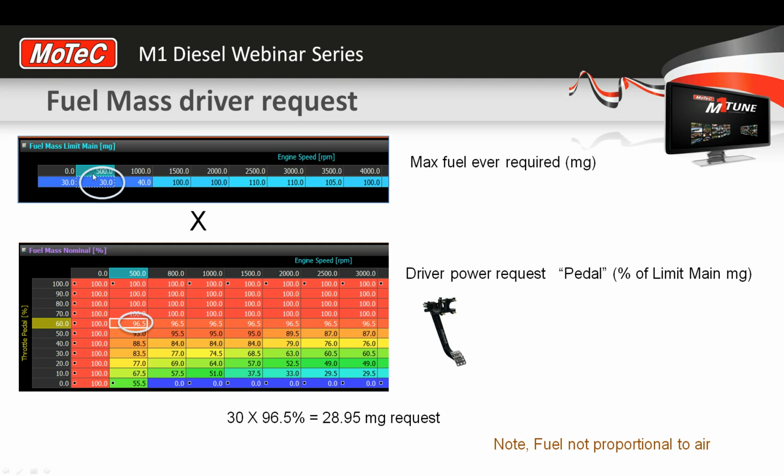We have a number of 30 here and a number of 96.5% here. So that's 96.5% of 30, which would mean our intention would be to deliver 28.95 milligrams of fuel to the engine. It's likely that none of the limit tables would have numbers less than that, so that would probably be delivered, and we're obviously trying to get the engine to speed up. Okay, that's how that works.